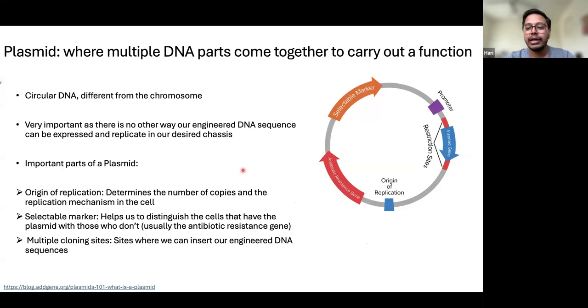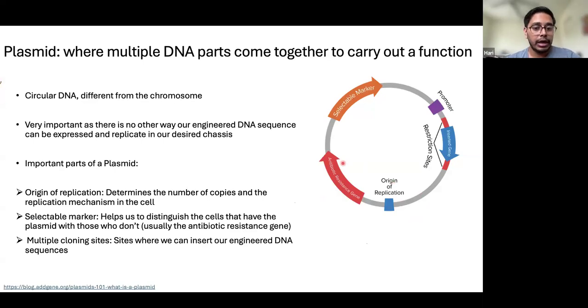Based on that, we can have a low copy plasmid, with anywhere from 5 to 10 plasmids in the cell, or a high copy number plasmid, with even 100 to 150 copies. So the probability of replicating that plasmid increases based on the origin of replication that we use. And it is very important to have the origin of replication, because without it, the plasmid will not serve its purpose at all.